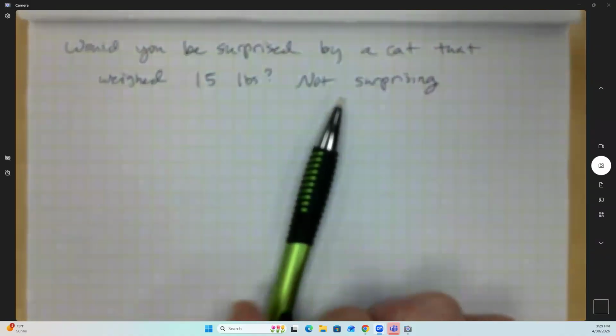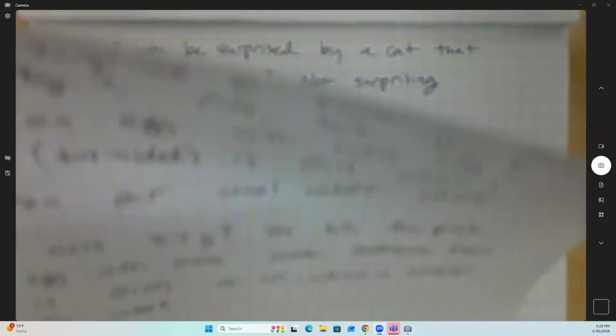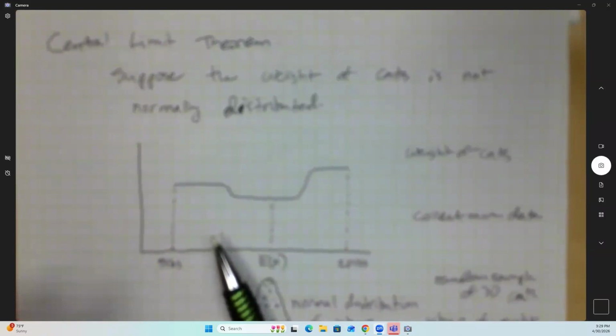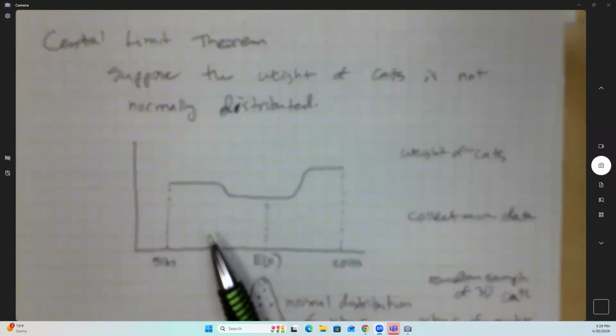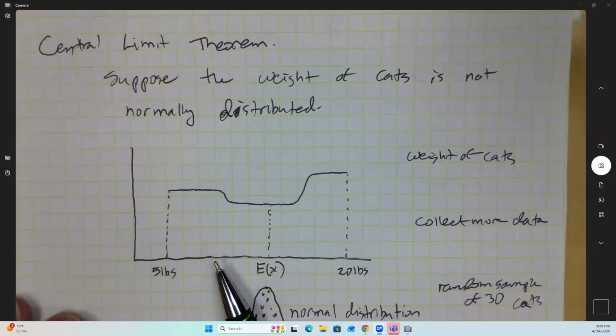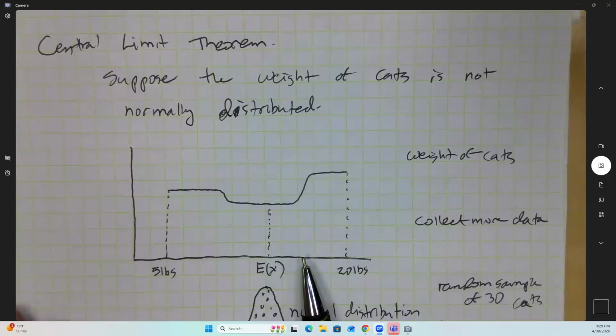Now we got to be a little careful here because cat weights are not normally distributed. So we can't jump straight to the 2 standard deviation rule. But nevertheless, here's 11 and here's 15. And that's really not that far away, right? It's not extreme. Something that close, especially if it's within 1 standard deviation, even if it's not normally distributed, that's not surprising, right?